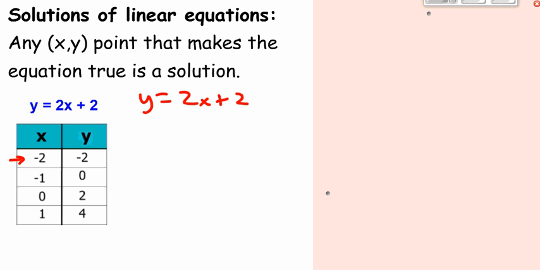If it's true, then it's a solution. If it's false, then it's not a solution. So the first thing I'm going to do is plug in my first point, where x is -2. This is a point right here, -2, comma, -2. So I'm going to take that -2 and plug it in for x and for y.